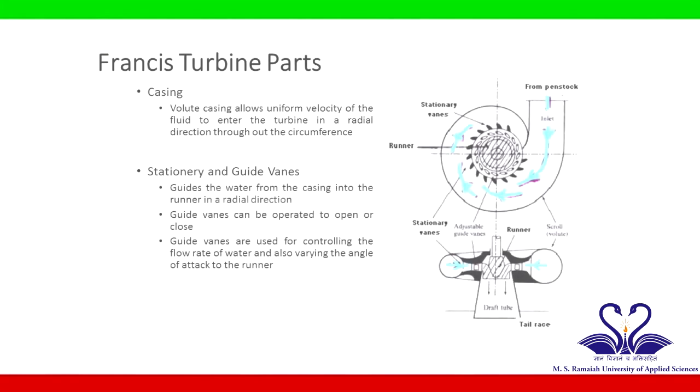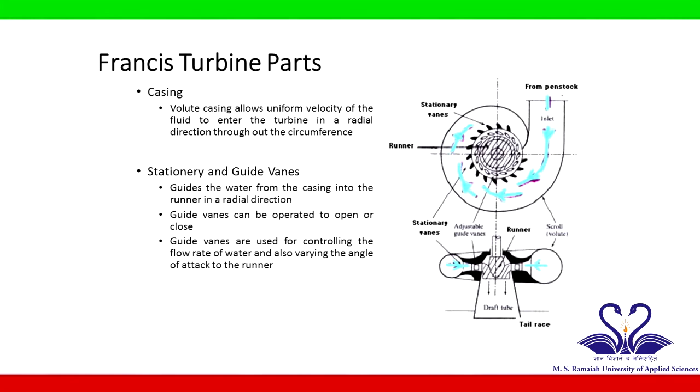The Francis turbine consists of a volute casing that allows uniform velocity of the fluid to enter the turbine in a radial direction throughout the circumference. Inside the casing, stationary and guide vanes are installed to guide the water from the casing into the runner in a radial direction.